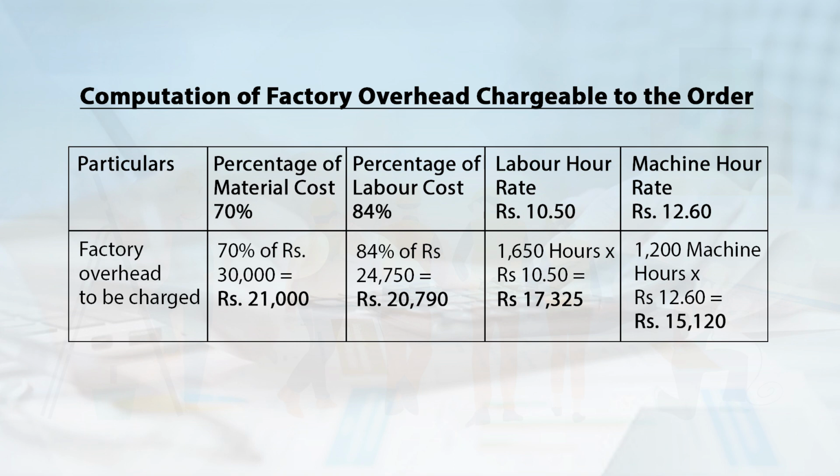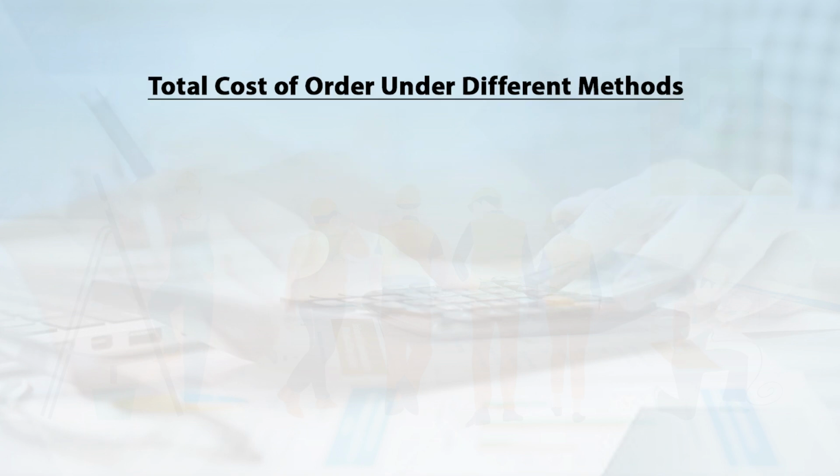Under the third method, labor hour rate, the rate we have calculated is rupees 10.50. Therefore, 1,650 hours into rupees 10.50 will give us rupees 17,325. And the last method is machine hour rate. Rate calculated is rupees 12.60 per machine hour. Therefore, 1,200 machine hours into rupees 12.60 will give us amount rupees 15,120.